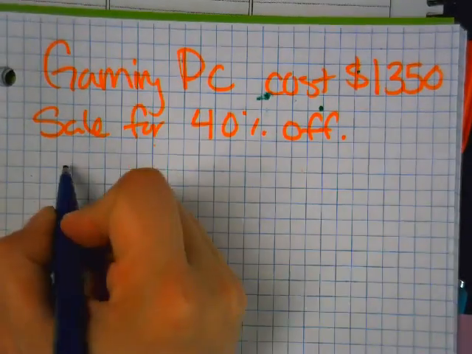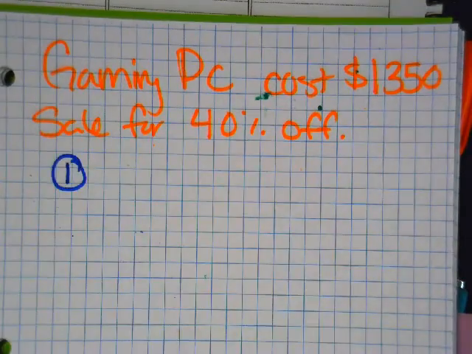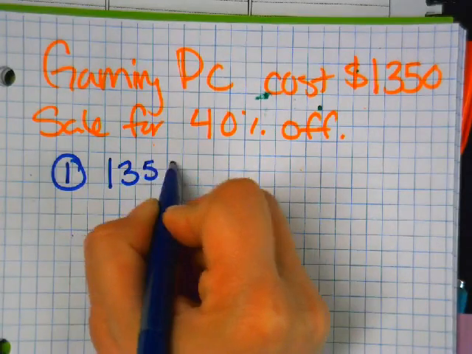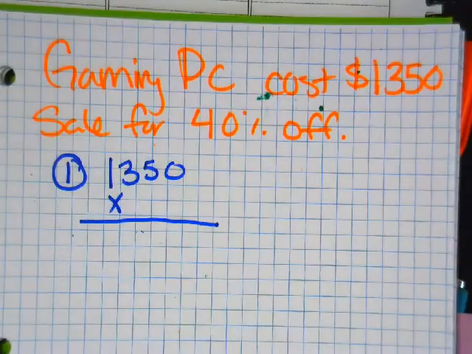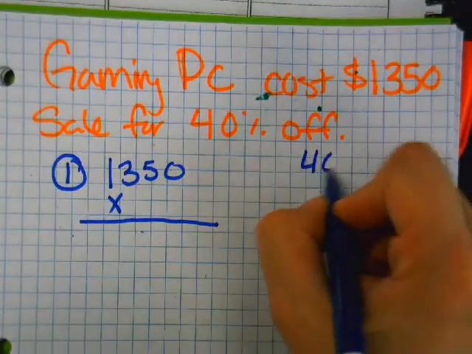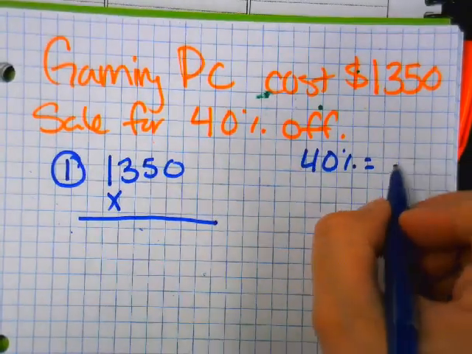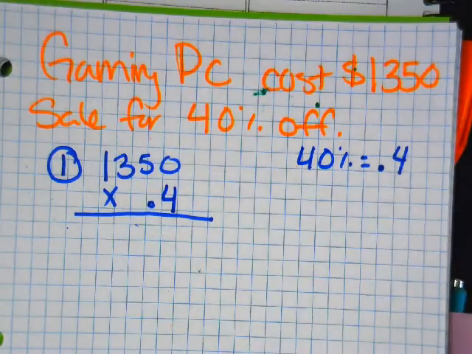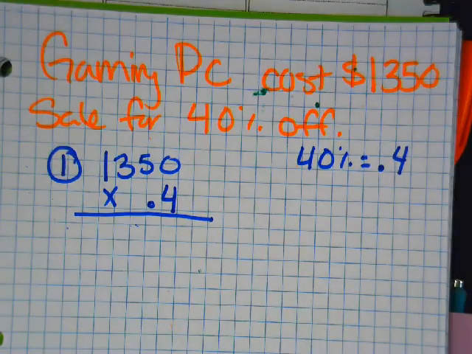What's our first step? Times the decimal. So 1,350, multiply it by what? What is 40% written as a decimal? 0.4. So 0.4. All right, take out the calculator and plug this in.